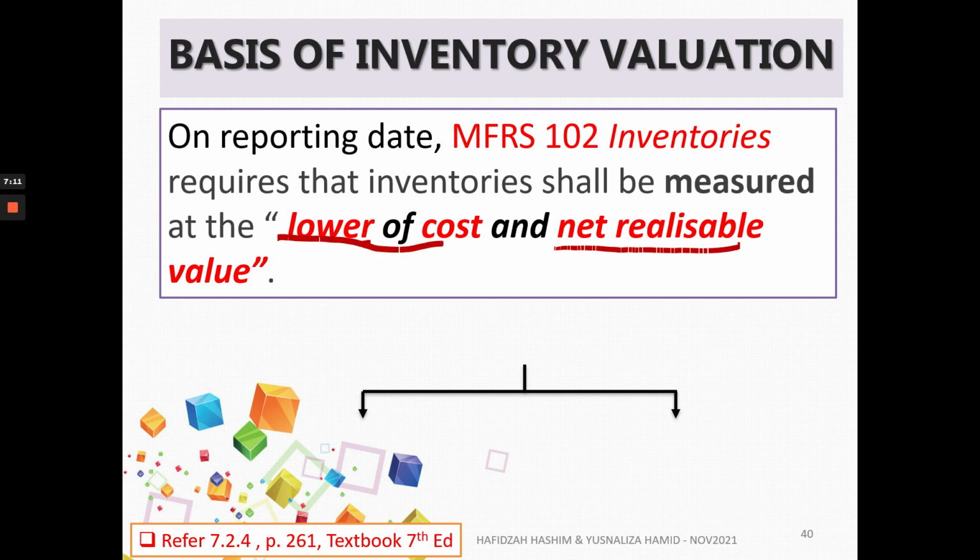So there are two important terms here: cost and net realizable value. Cost, as you know, is what we have earlier discussed when we talked about cost of inventories. So the new thing here is the net realizable value.